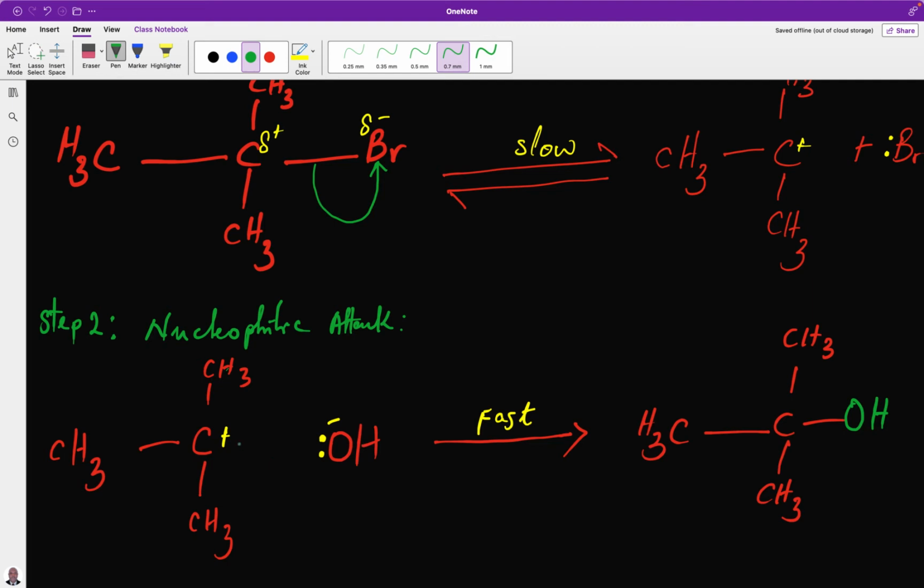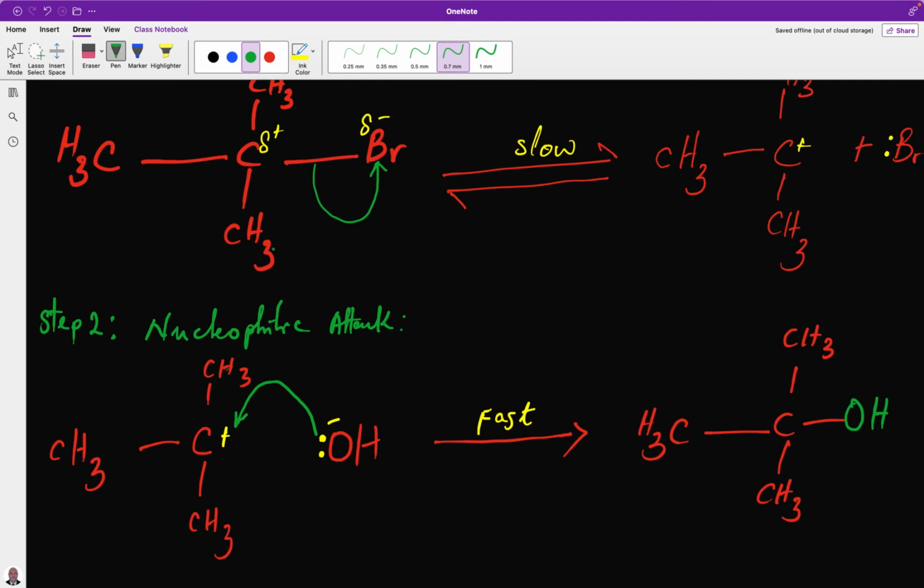A new covalent bond is now formed between carbon and the OH. And this is indicated by the curly arrows. See how the curly arrow goes from the lone pair of electrons to the positive carbon.